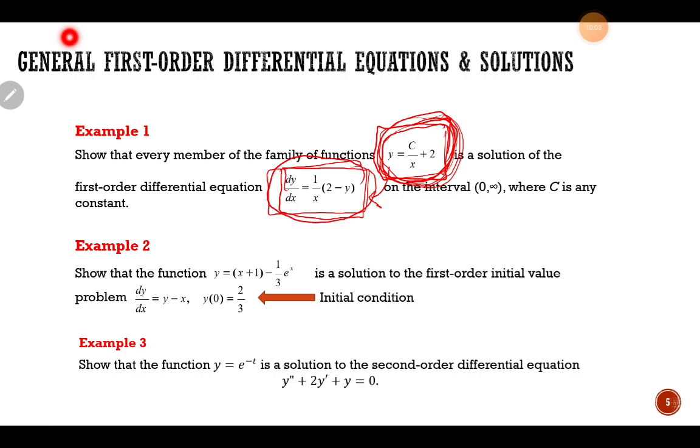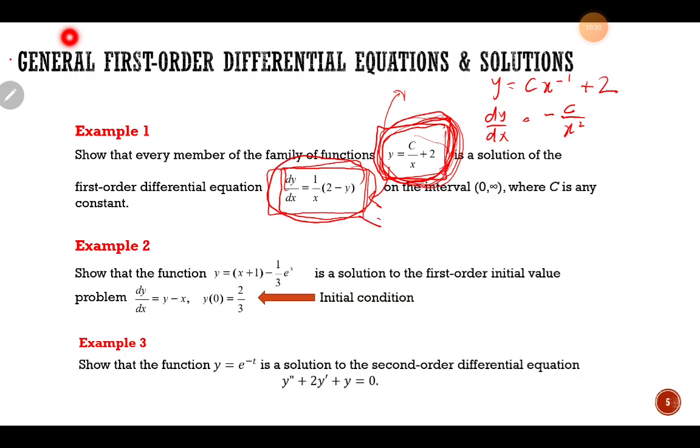Macam mana kita nak buktikan is we work out, okay, kita cuba cari dy over dx of this. Okay, kita ada y sama dengan c x power of negative 1 plus 2, right? So, dy over dx dia adalah negative c over x square. Betul? Okay, negative c over x square.